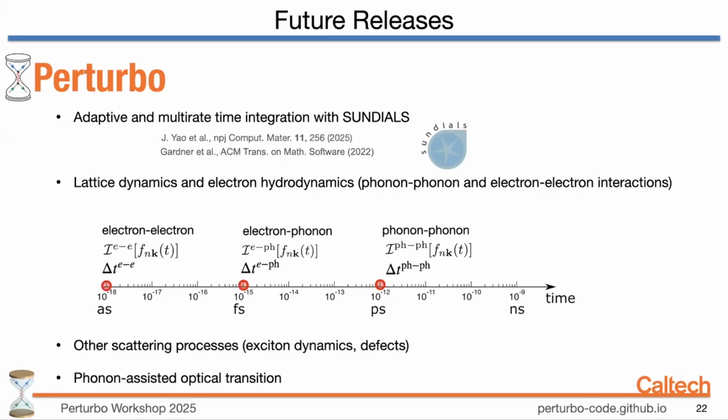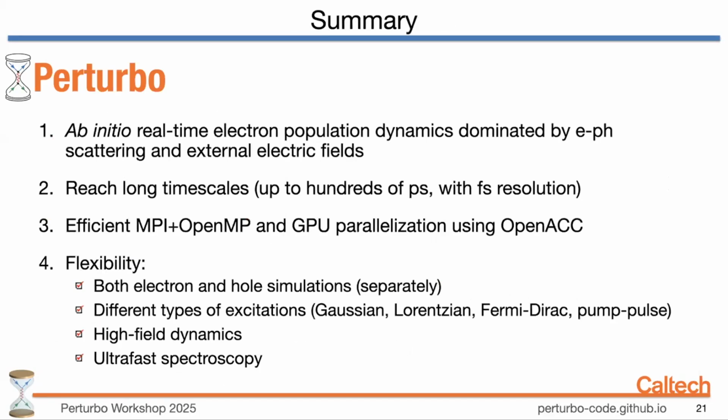So Perturbo has a couple of built-in methods, such as the different types of initial distributions. If you know your pulse strength and all the spectral width, then you can use Perturbo-py to generate these. And the only thing that you need to know is the carrier concentration, or essentially after your pump pulse or after your excitation, what's the carrier concentration in your system.